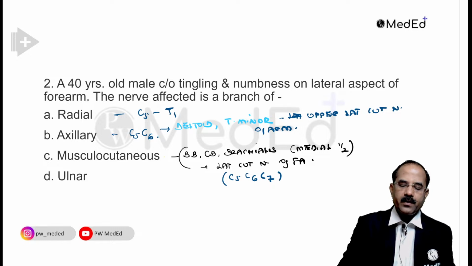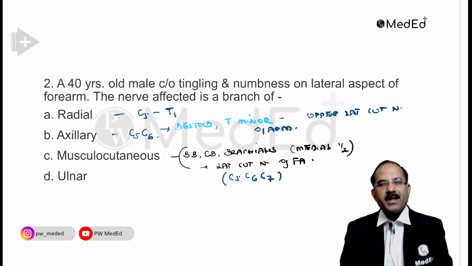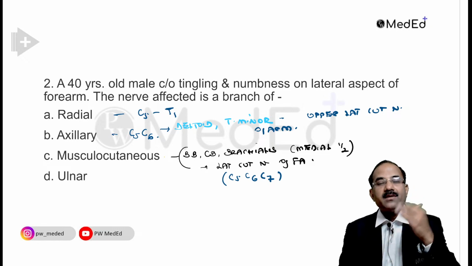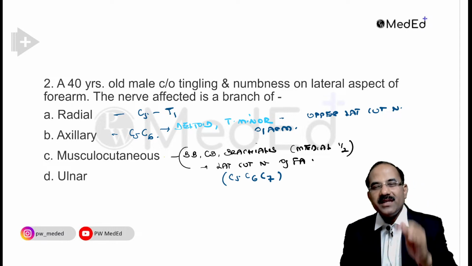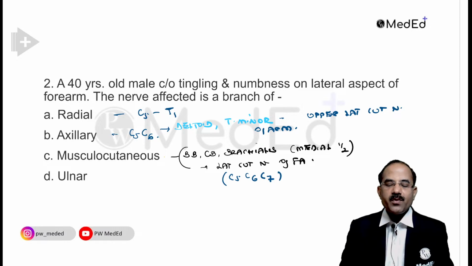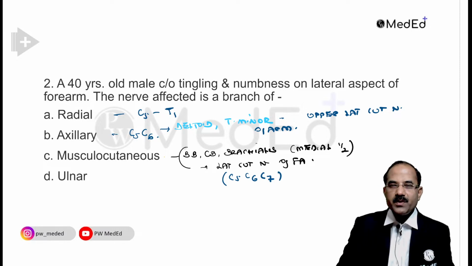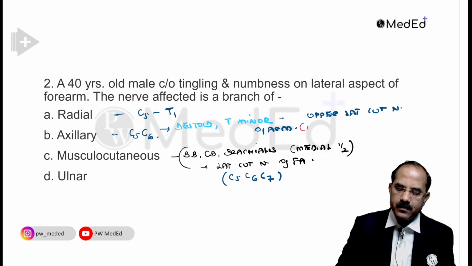So what does the axillary nerve supply? It supplies the deltoid, it supplies the teres minor, and it gives a cutaneous branch called the upper lateral cutaneous nerve of arm. And injury to this nerve leads to what? Injury to this nerve leads to regimental badge sign.